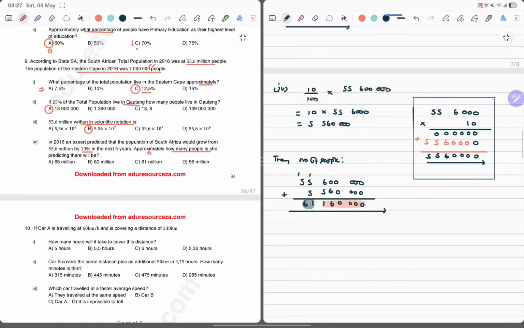So, on approximation, we are close to 61, so we can accept C. We are certainly greater than 60. So as you can see, that is fine. It's an approximation.